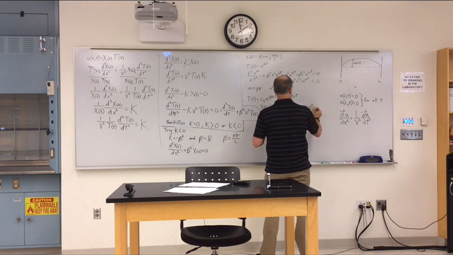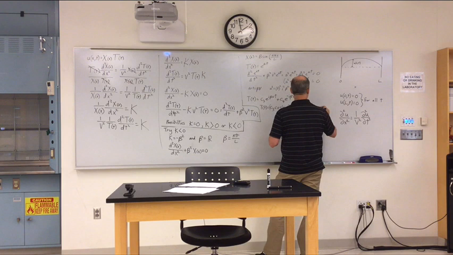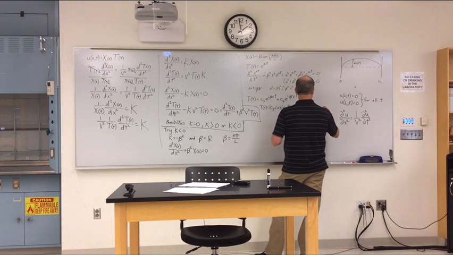That's the first part. Plus C4 cosine of beta v t. Ran out of room, so sorry. Minus i C4 sine of beta v t.